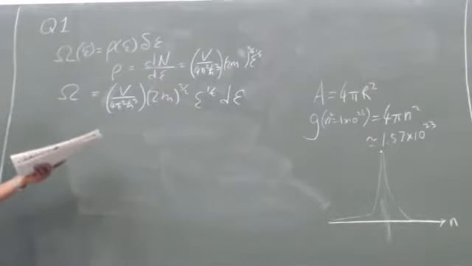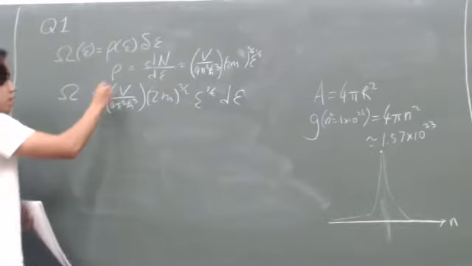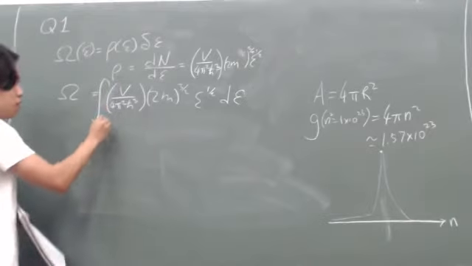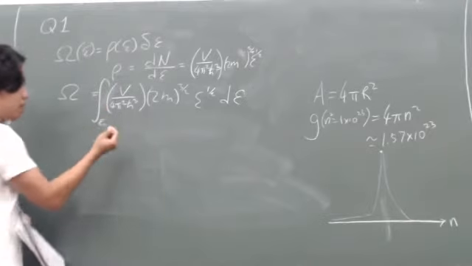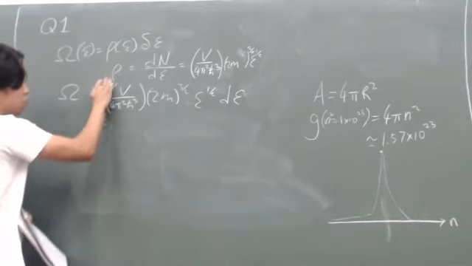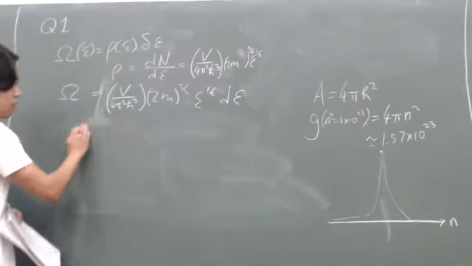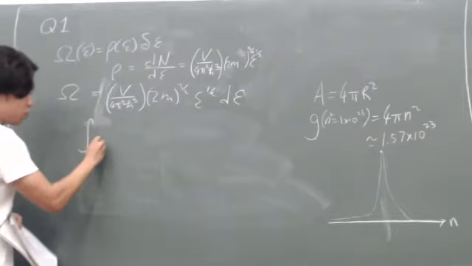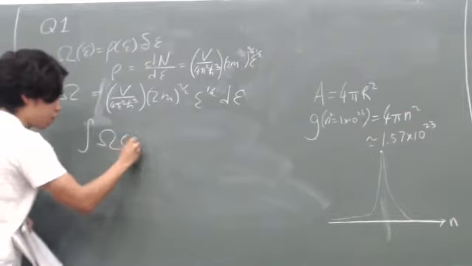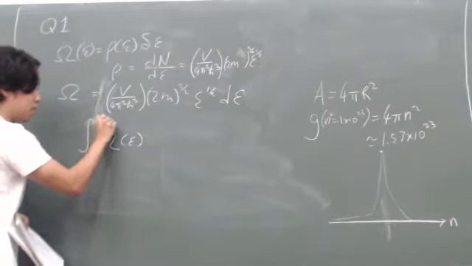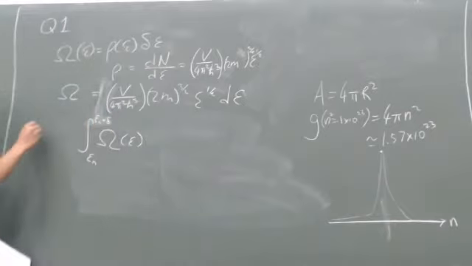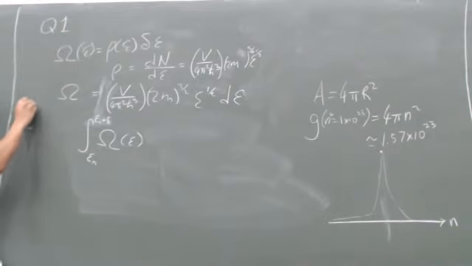Okay, so if I integrate this from some energy, say epsilon n, to, I'll just write it on the next line so it's not so messy. So if I integrate this expression, omega as a function of energy, from some energy epsilon n to epsilon n plus delta, where delta is like, I moved from epsilon n to a slightly higher energy level at epsilon n plus delta.